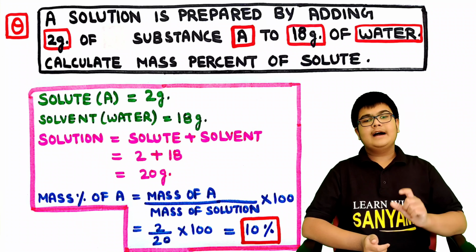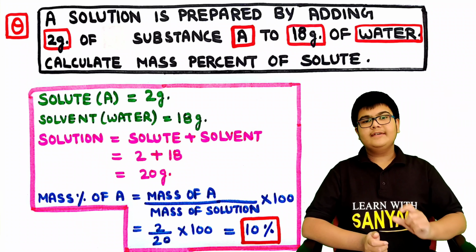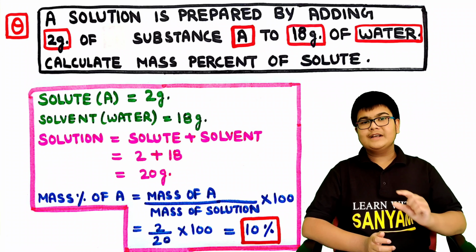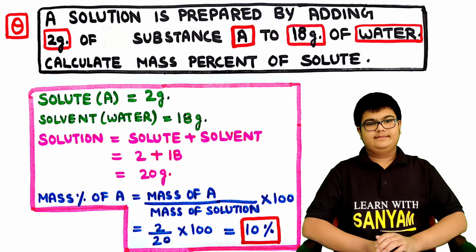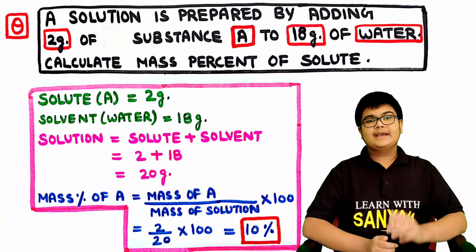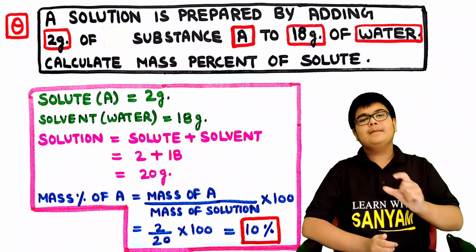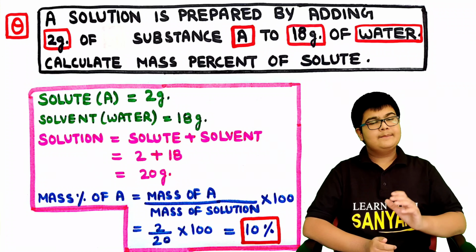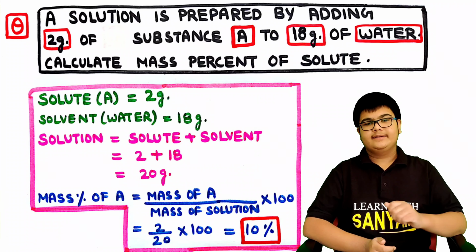So we know that mass of solute is 2 gram and mass of solvent is 18 gram. So mass of solution becomes 2 plus 18, that is 20 gram. Now mass percent of A will become mass of solute upon mass of solution. As solute is A, it becomes mass of A upon mass of solution into 100.